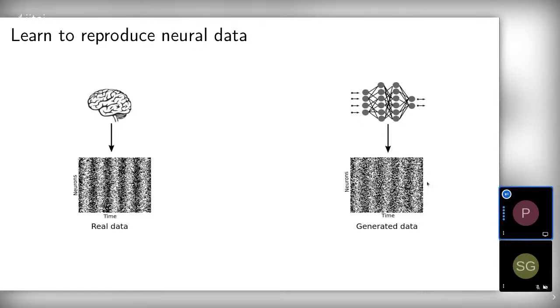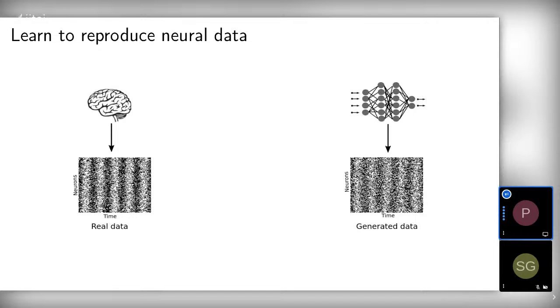And if you now have a neural network that produces spikes that look exactly like the spikes that come from the brain, then you can pull apart the neural network and see what it's doing in order to produce this data given some input. This will hopefully help you understand what the brain is doing, because you hope that the neural network is performing similar processing that the brain does.